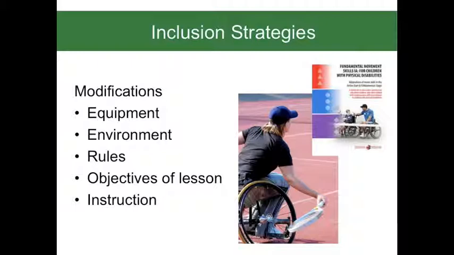It is critical that physical education programs are inclusive and engage all students irrespective of their gender, background, or ability. To create the most inclusive environment, an instructor should make modifications to one or more of the following elements when necessary: equipment, environment, rules, objectives of lesson, or instruction.